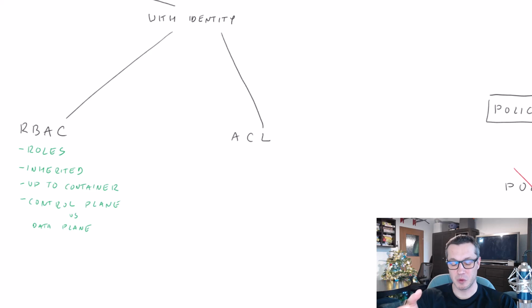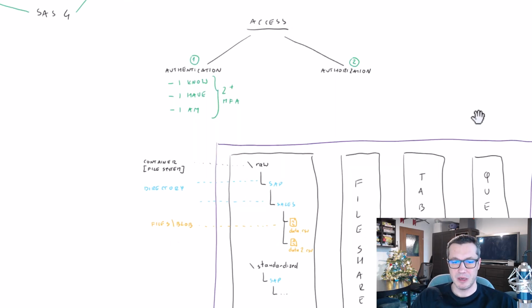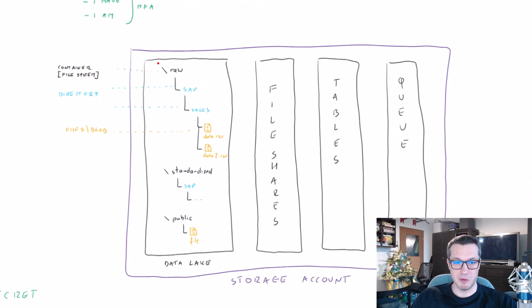So finally, we would know who is trying to connect to our data, which is a huge advantage from a security point of view. So ACLs, or access control lists. First of all, they allow us to set access at any level. Like we might set it at the container level, or at the given directory, subdirectory, or specific file, whatever we need.